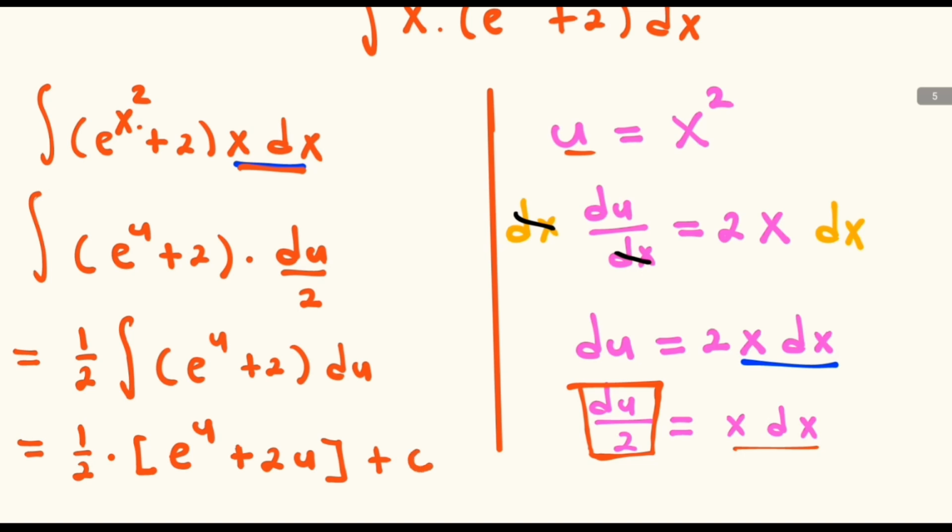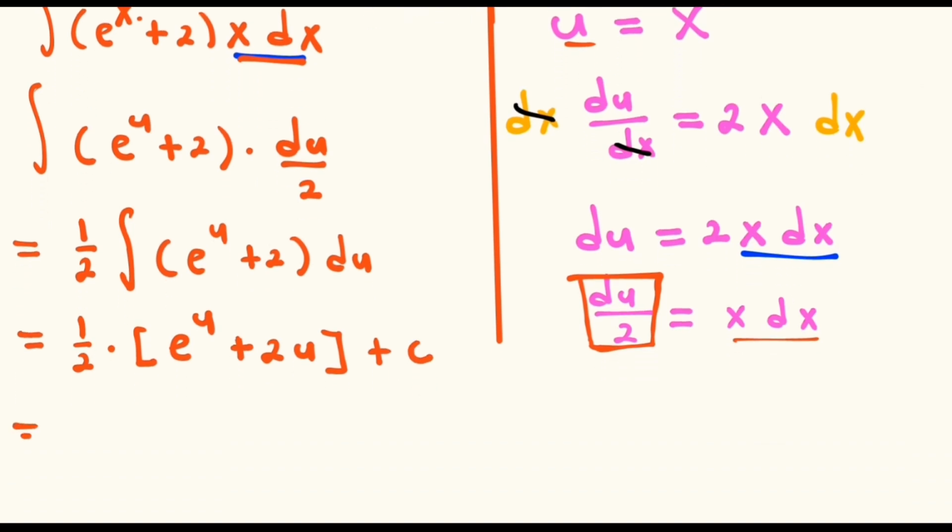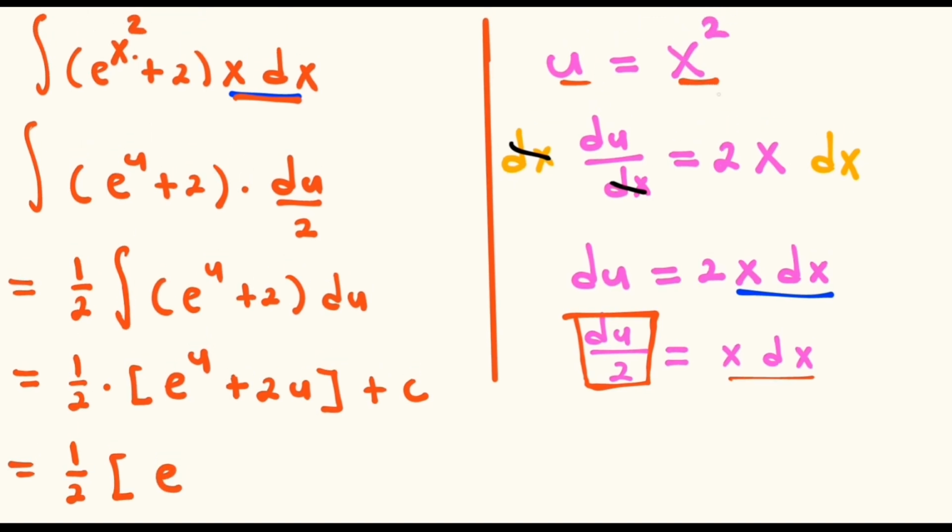plus our constant c. We substitute back the x squared in the place of the u, so plus 2 multiplied by x squared also in the place of the u, plus our constant c.